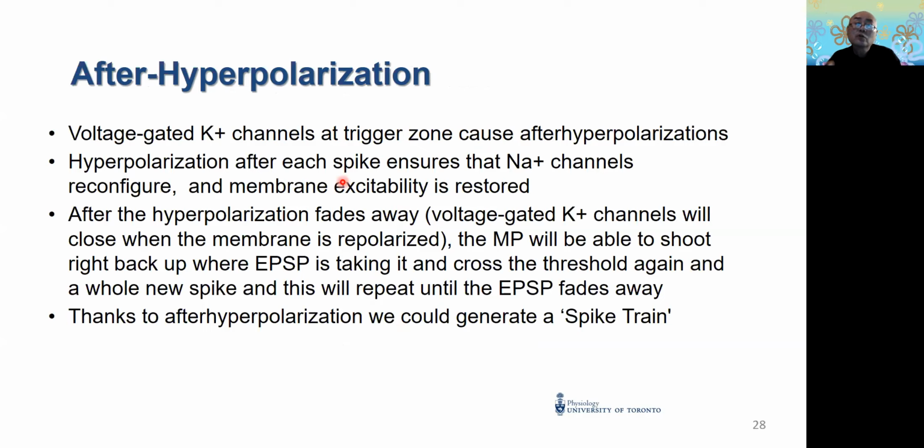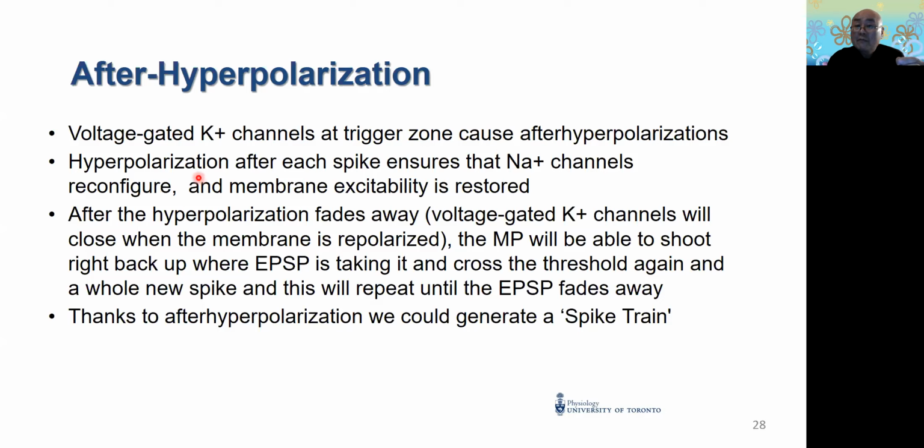And this is why they're so important at this trigger zone, because these voltage-gated potassium channels are the ones that actually help cause this after hyperpolarization. So they don't only repolarize, they will actually hyperpolarize, bring the membrane potential back down faster, and then also below the resting membrane potential.